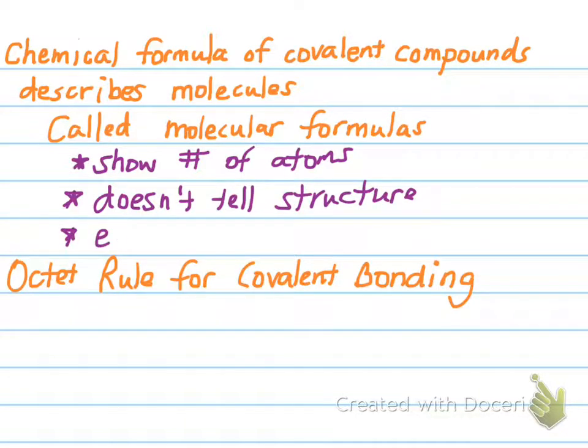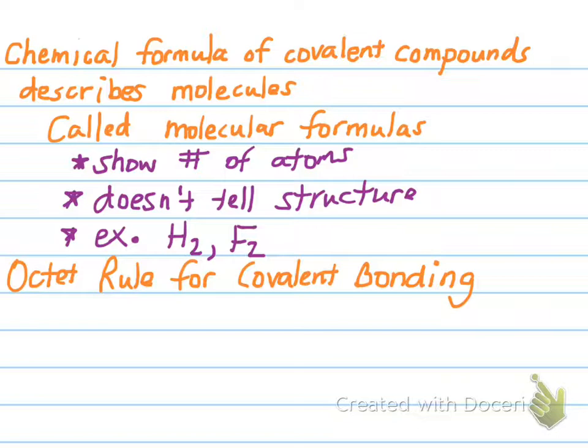Examples that we've looked at would be H2 and F2. Okay? Now, with those, it tells the structure because hydrogen's bonded to another hydrogen. But when you get into more complicated compounds, even like water, it doesn't.